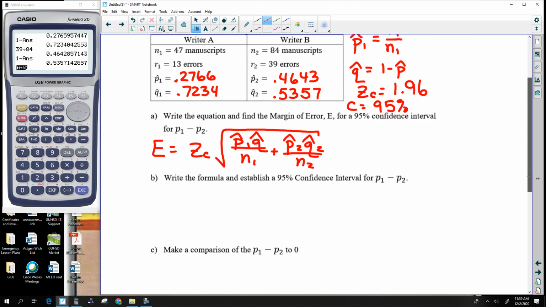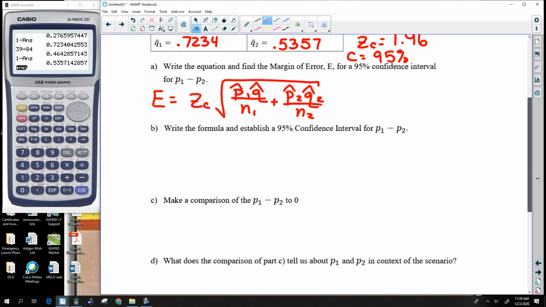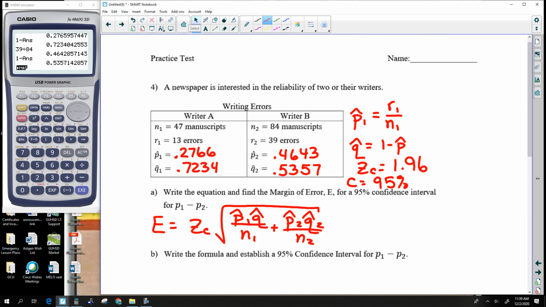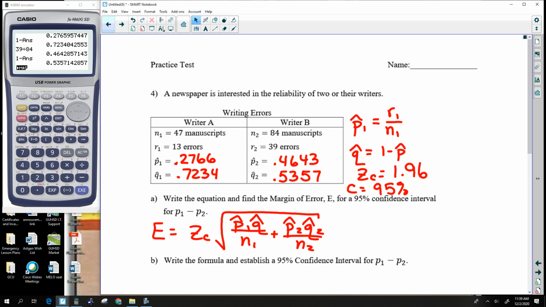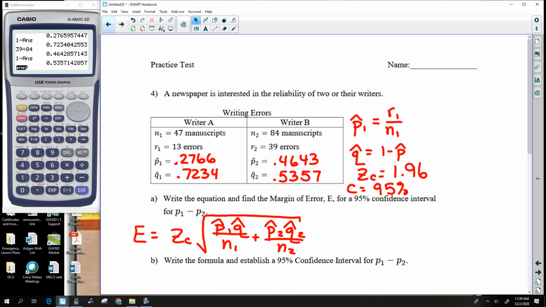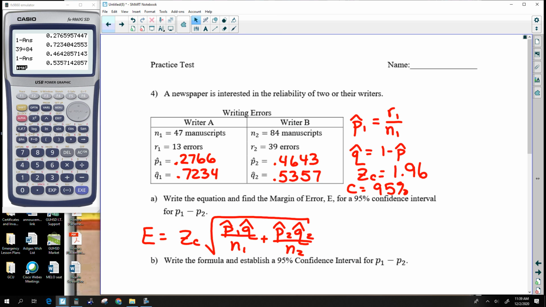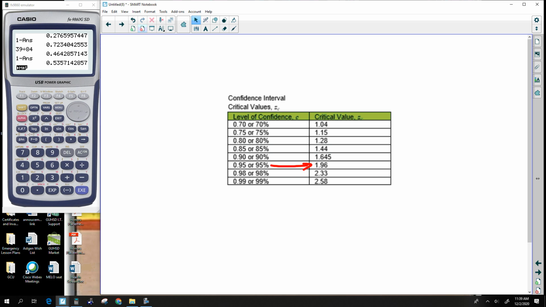So now we have all the information to get our margin of error. I'll step you through the calculator process just a little bit.